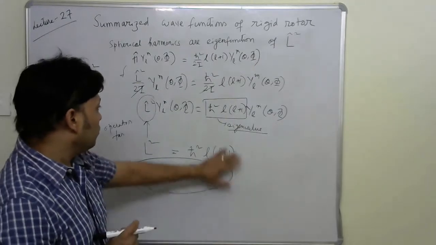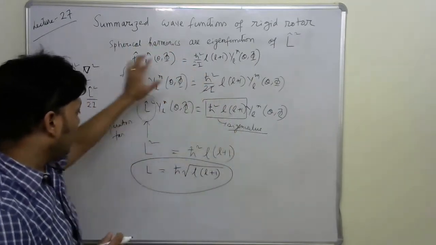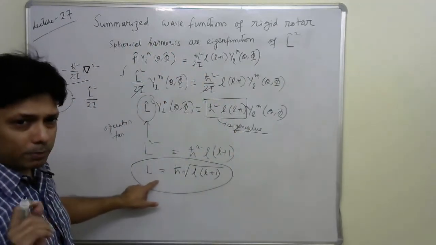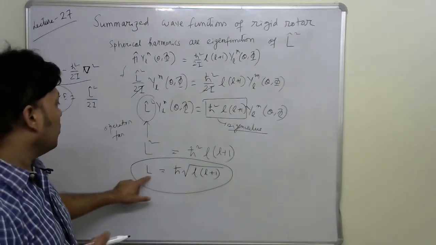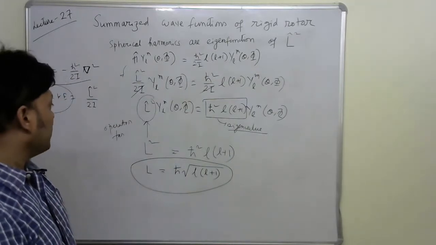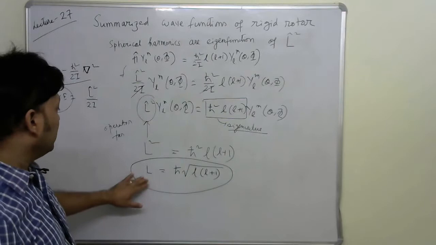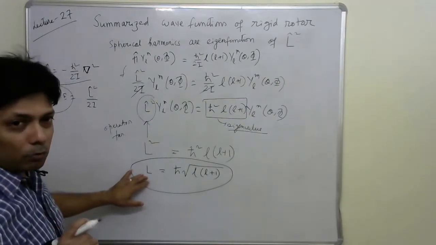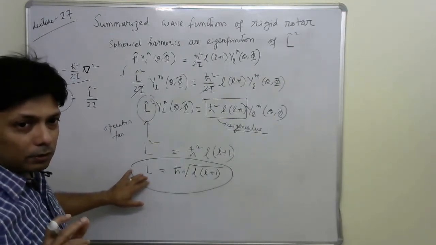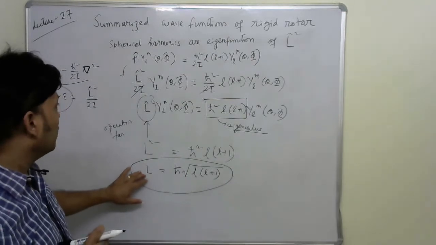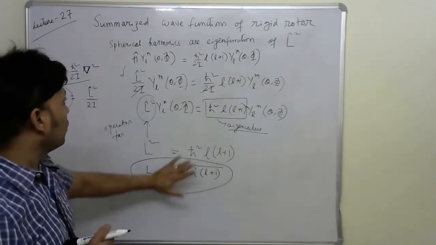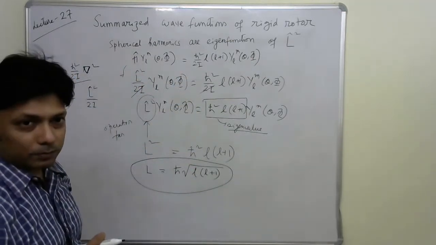Okay, so we get a very important derivation here, and this equation is very useful in molecular spectroscopy as well as atomic spectroscopy, where we find the value of angular momentum for the diatomic rigid rotor by solving the Schrodinger equation.